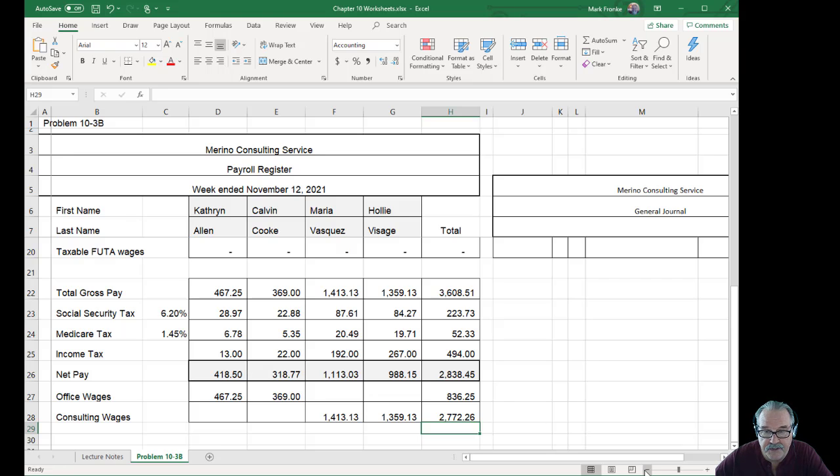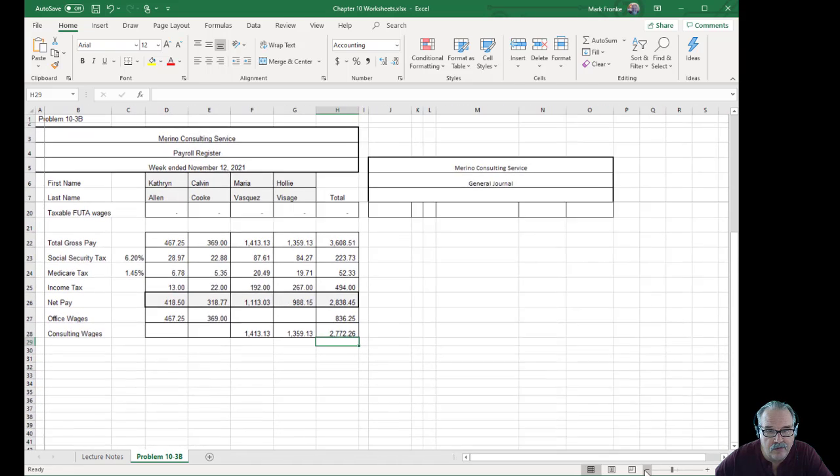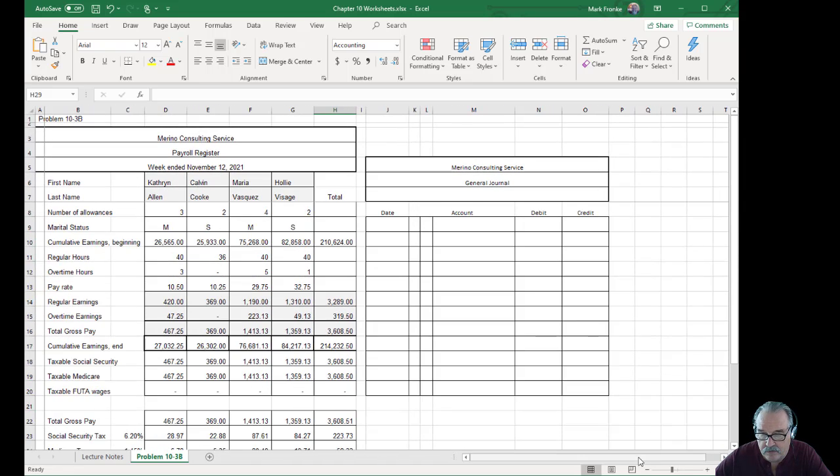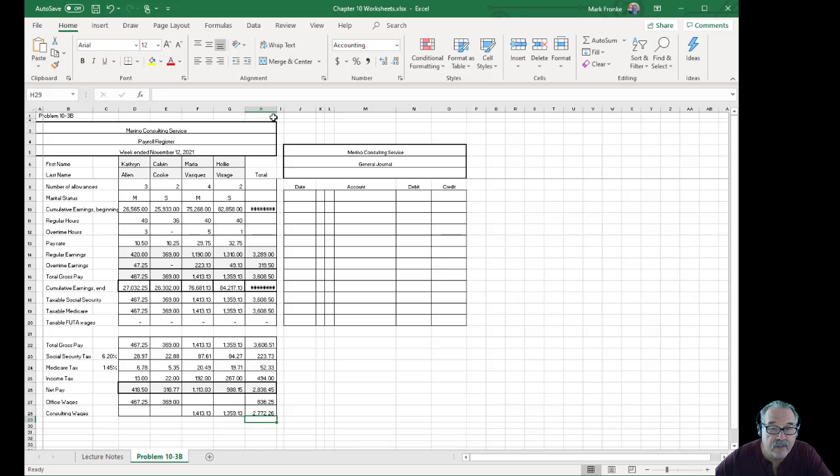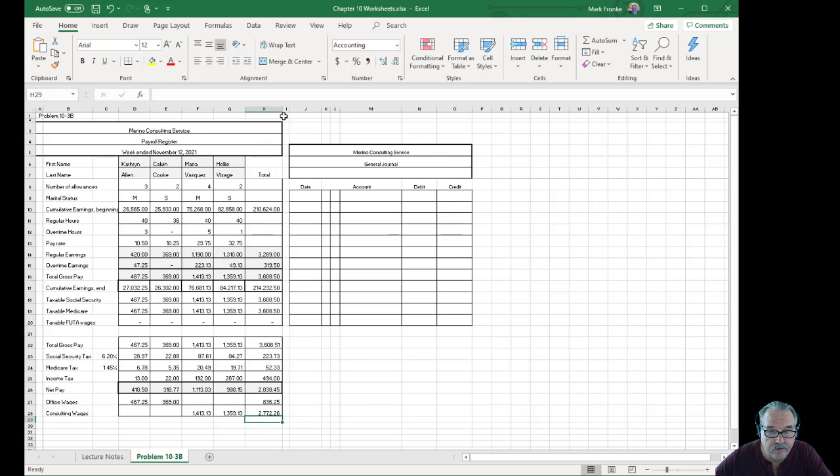Because now we've calculated the payroll, we need to record it into the general ledger. And we'll do that here in a journal entry. So we're going to date it on 11/12/2021.